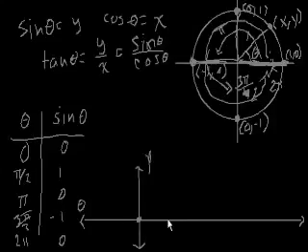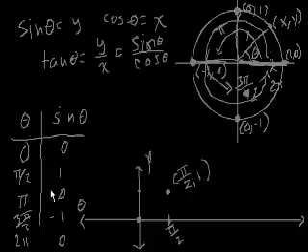When theta is equal to pi over 2, sine of theta is equal to 1. So this is the point pi over 2, 1. That's just this one. When theta is equal to pi, sine of theta is 0 again.